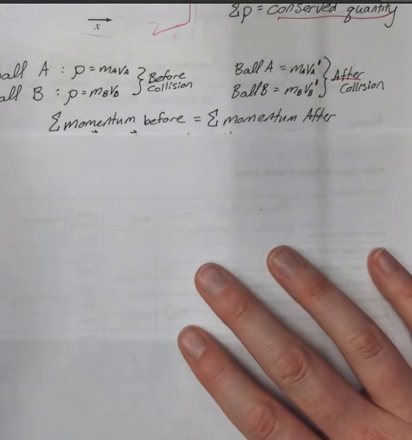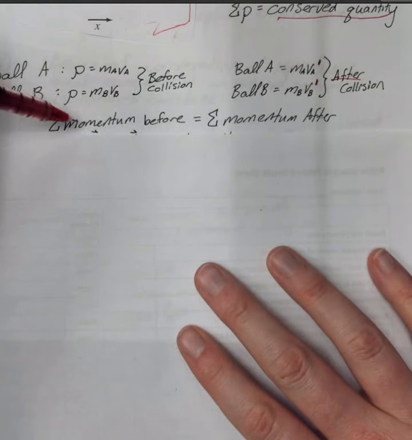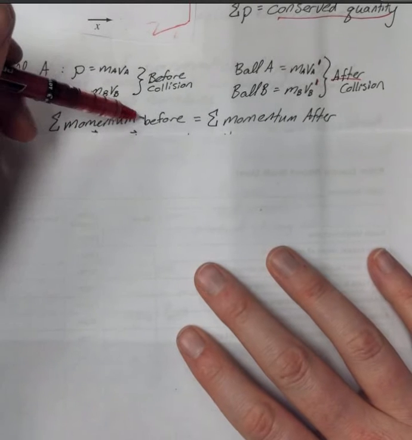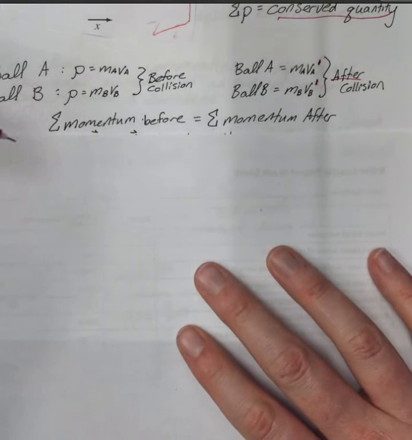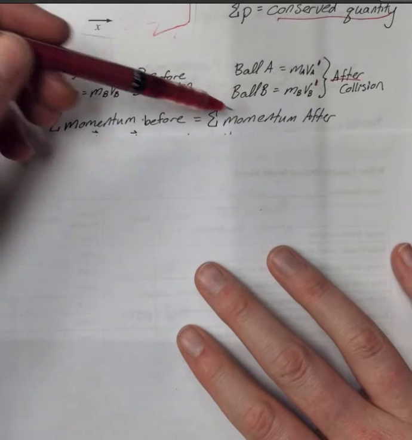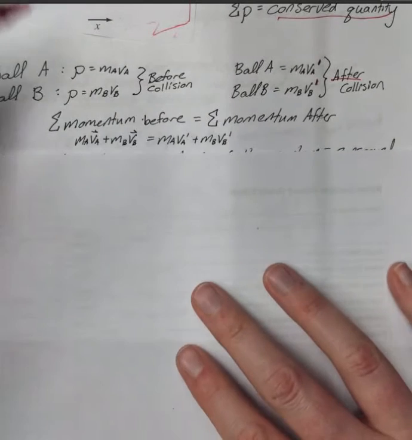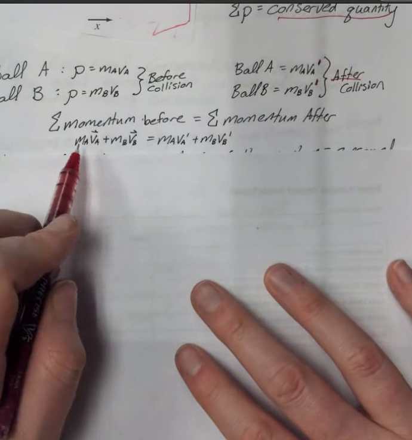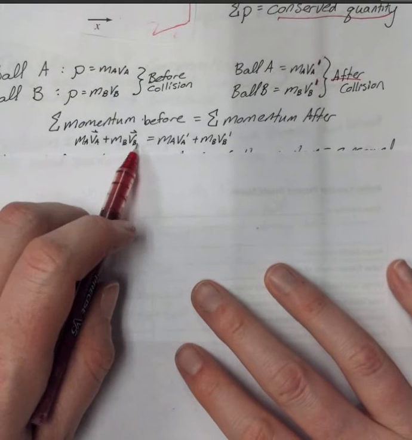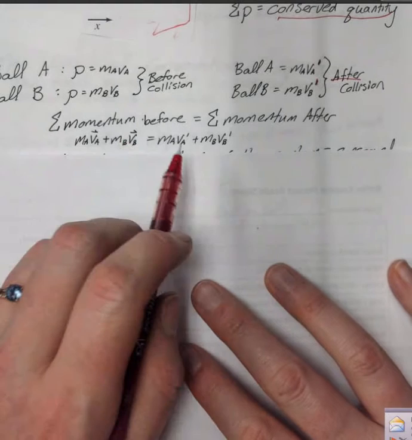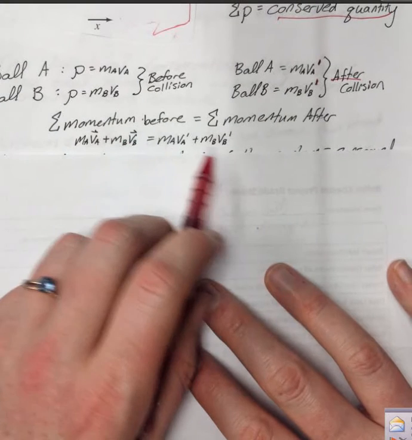We've said that if momentum is a conserved quantity, then the total momentum before the collision, adding this and this together, should be equal to the total momentum after the collision, adding this and this together. So we have this equation here: MAVA plus MBVB should be equal to MAVA prime plus MBVB prime.